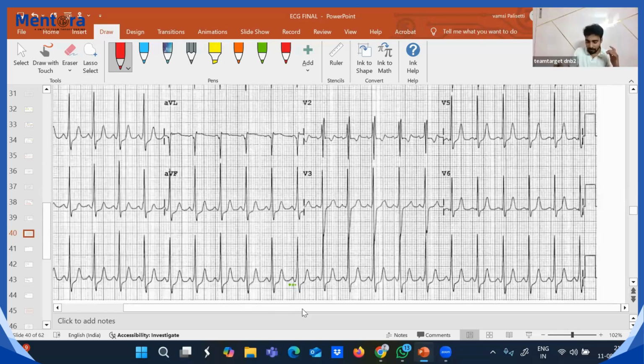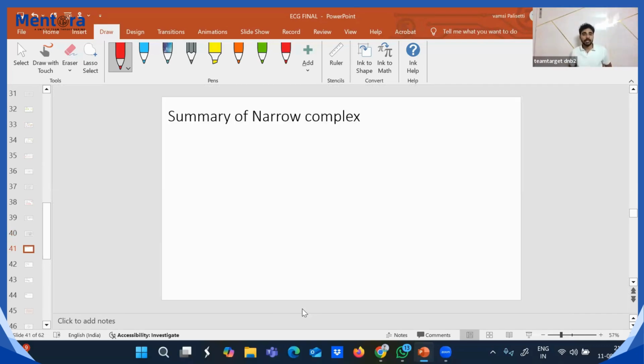After this, I want to give a summary of the narrow complex tachyarrhythmias. In the casualty, on duty, or in the exam, they give you ECGs. The first thing you see is whether tachyarrhythmia is there or not. How? By counting the number of boxes between two R waves.